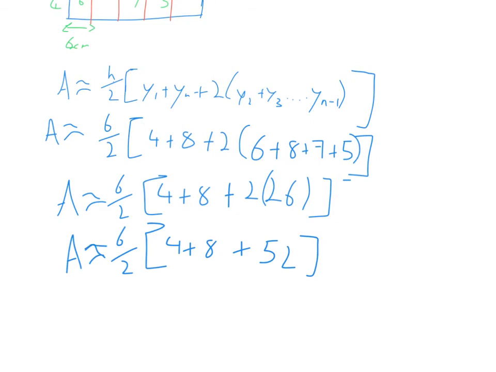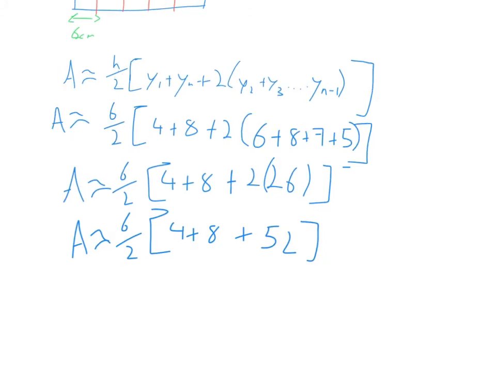Okay, and everything else just stays the same for the time being. At this point now we can probably solve out the rest of this bracket because it's just addition left inside it. So 4 plus 8 is 12, plus 52 will give us 64.